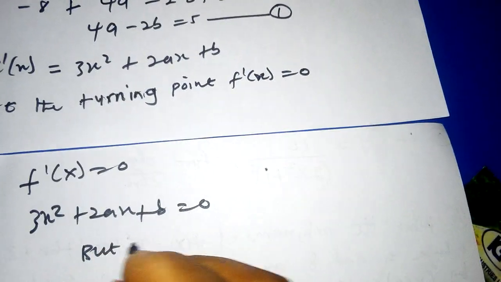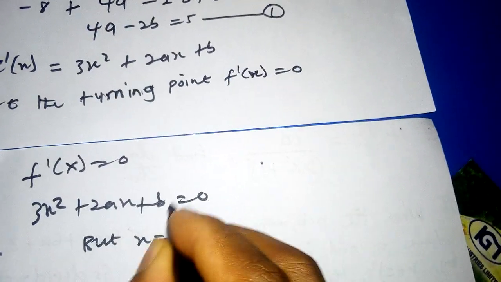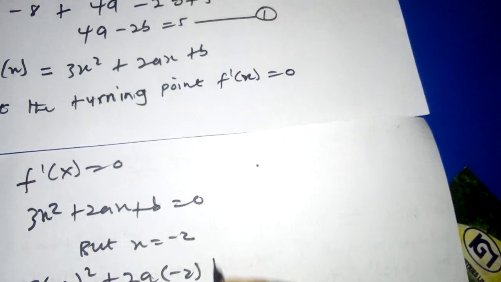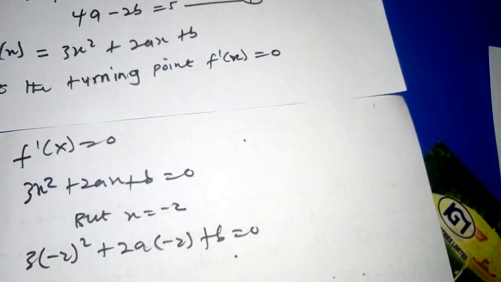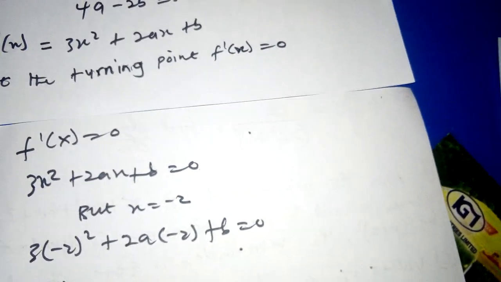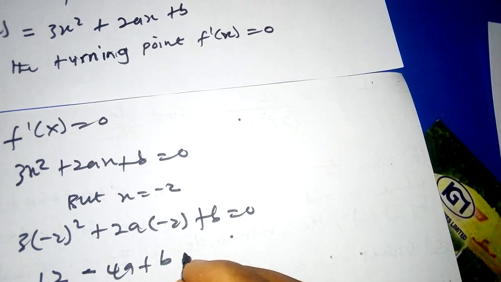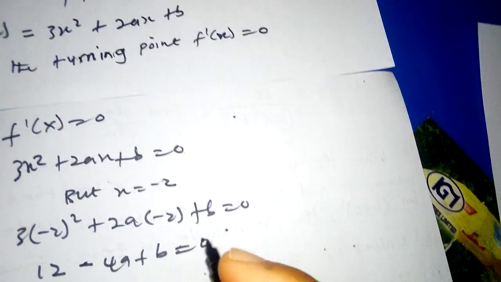But I know that my x is minus 2, so I'll get 3 times (minus 2) squared plus 2a times (minus 2) plus b is equal to 0. When I simplify, I get 12 minus 4a plus b is equal to 0.